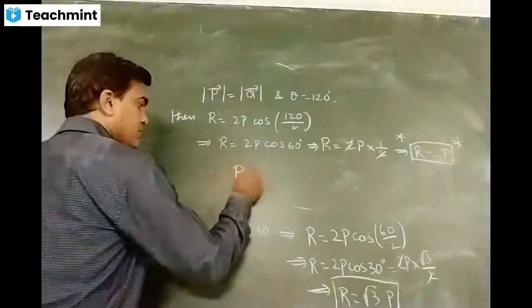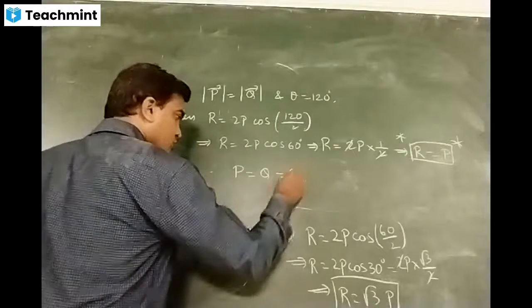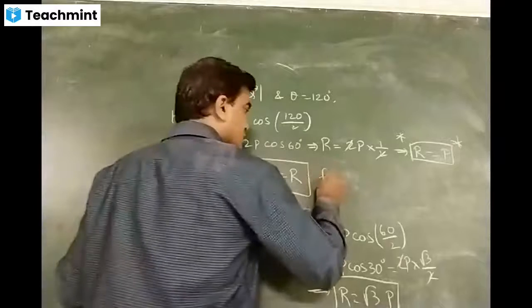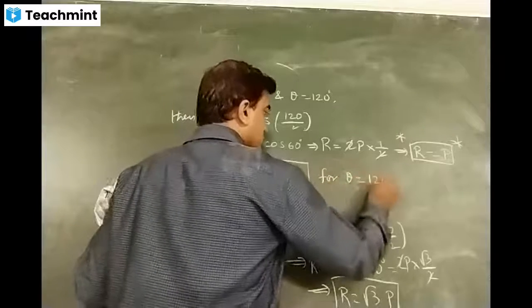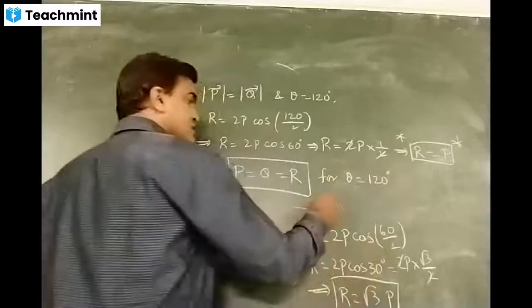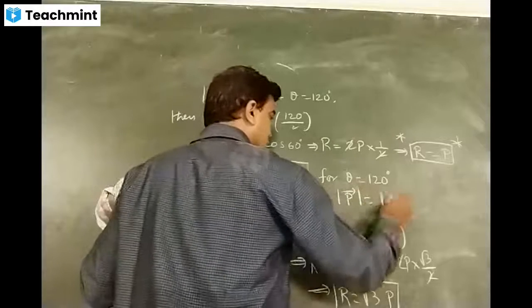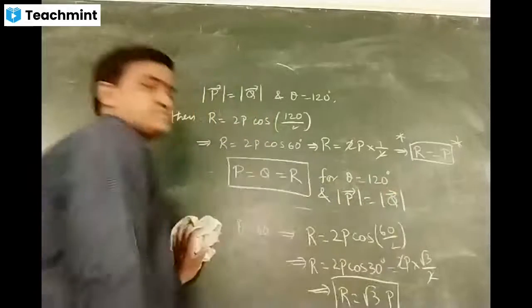Therefore P is equal to Q is equal to R, when theta is equal to 120 degrees and the magnitudes of two vectors are same.